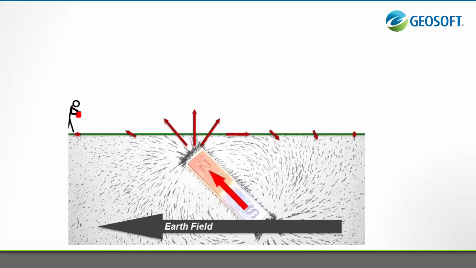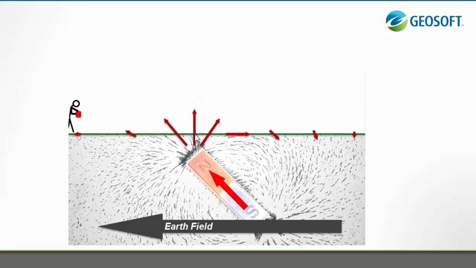But it is important because when we measure the field, we are measuring in the presence of this field. And so when we look at this little vector here, we can see that that little point here lines up with this field, and so we'll get a small positive value. As we get closer to here, the horizontal expression of the anomalous vector causes this to get increasingly large.